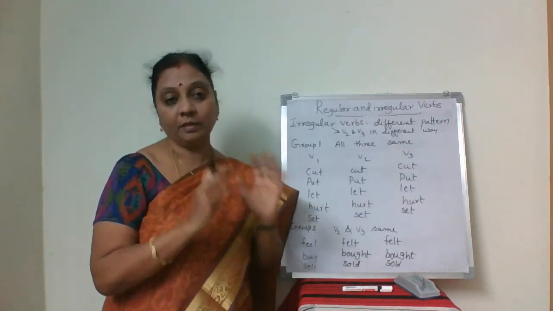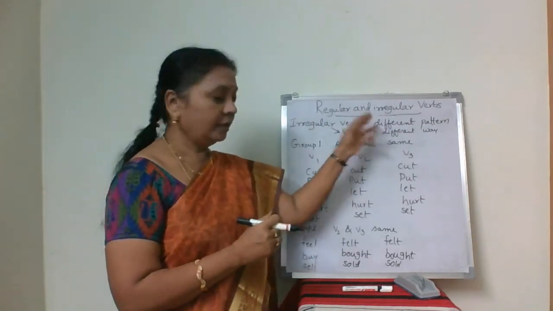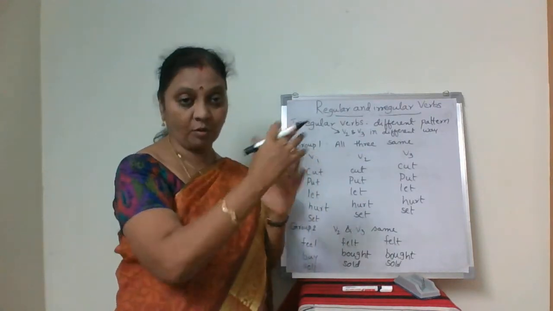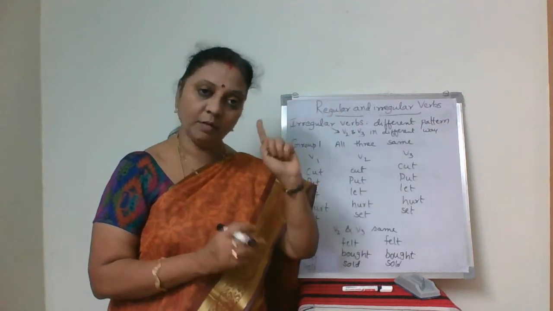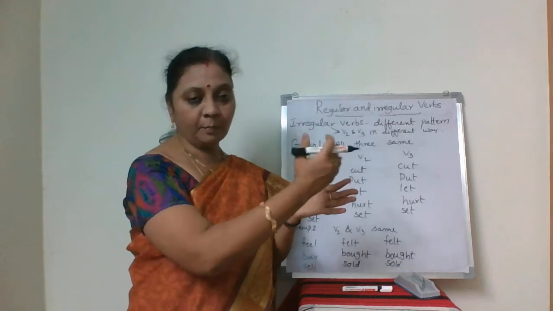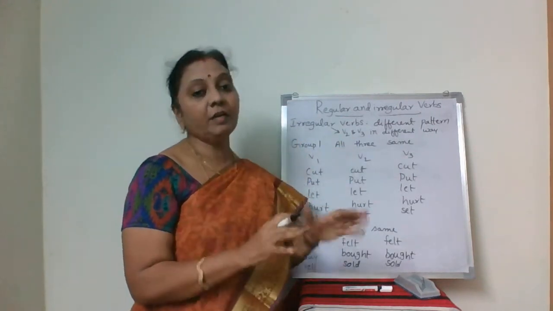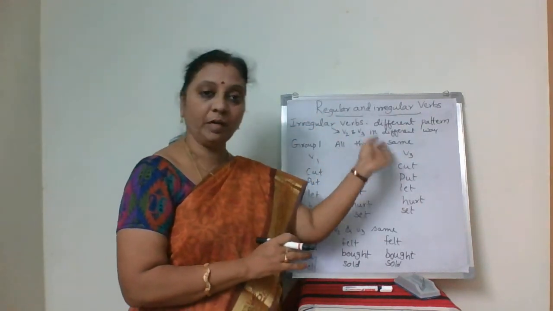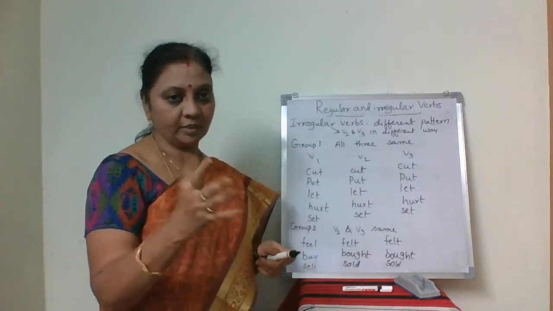Irregular verbs follow a different conjugation pattern, whereas regular verbs follow one typical pattern, that is the past and participle ending with ed. But irregular verbs form their V2 and V3 in a different way, not ending with ed.